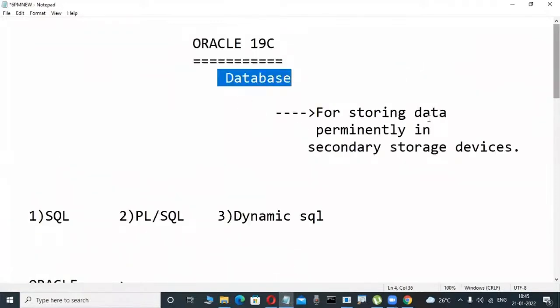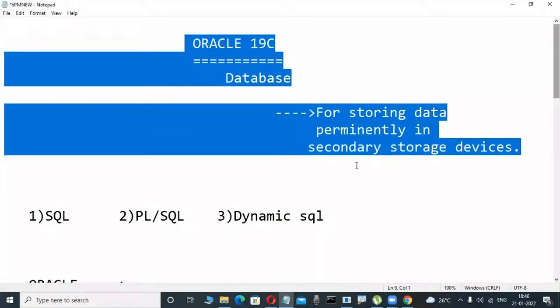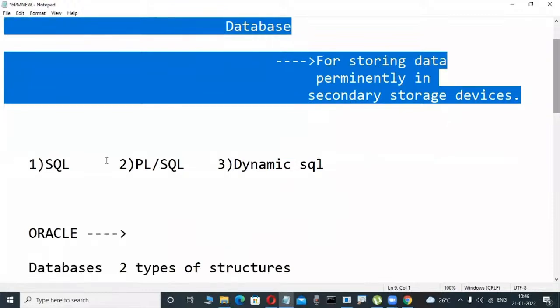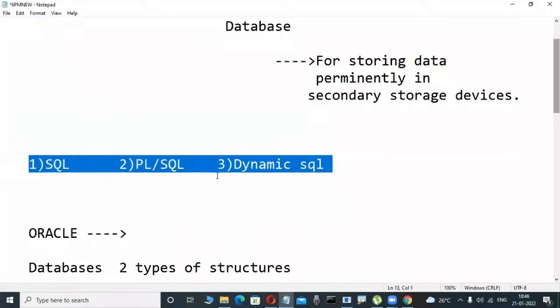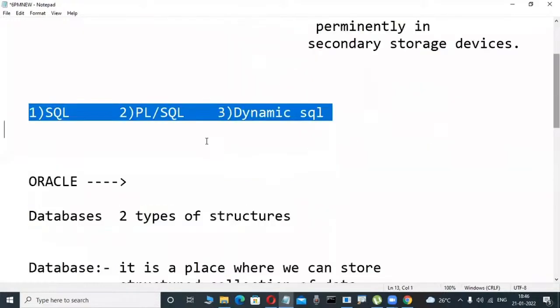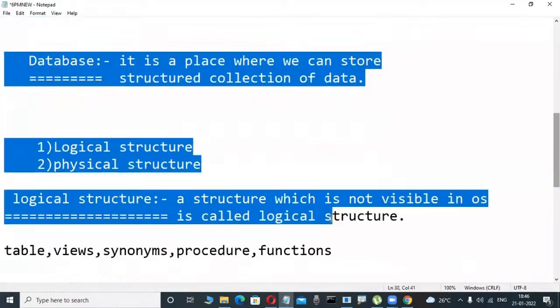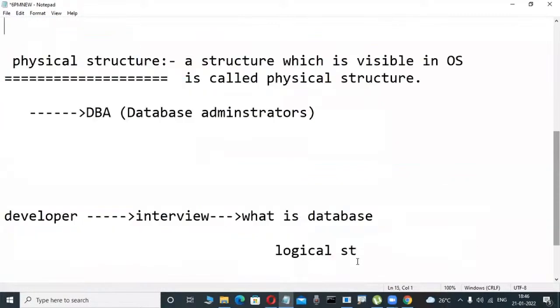Not only storing data permanently, but also retrieving and fetching data efficiently from some place. To operate this Oracle software, we use SQL, PL/SQL, and dynamic SQL. In any Oracle course, these three things are taught. That is a very small thing I am telling.